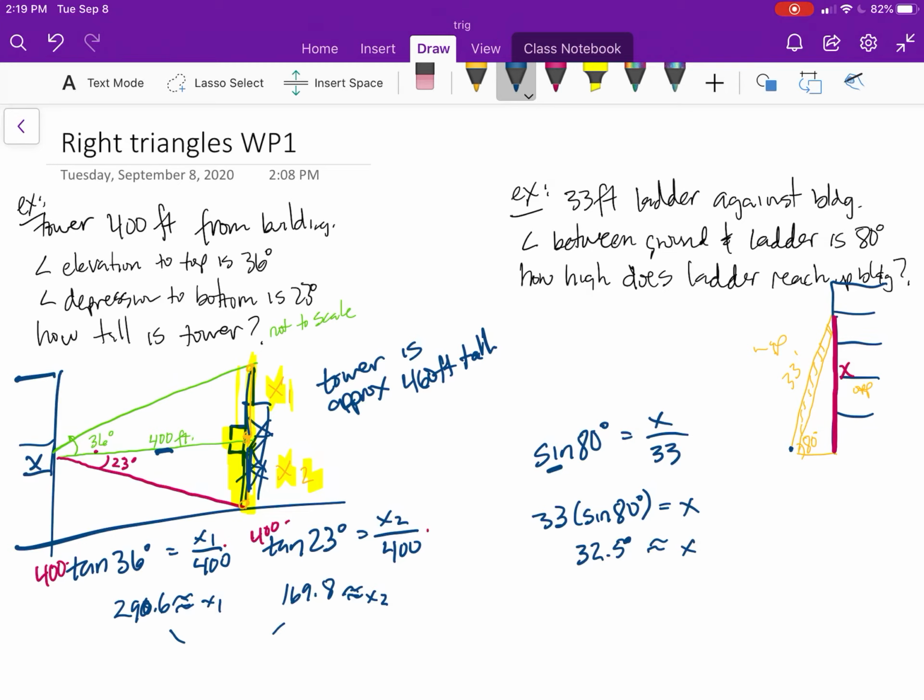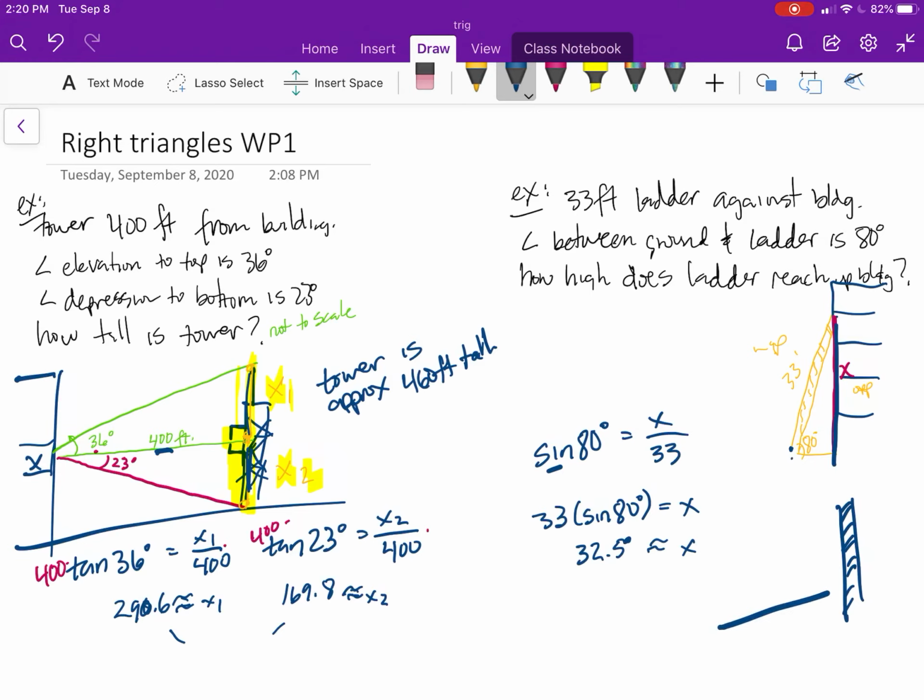If this was a 33-foot ladder and I claim that it goes up 33 feet, then that would mean the ladder is simply straight up, vertically on the building. It's resting against the side of the building. So I know it can't be 33. It's got to be under that. 80 degrees is a very, very steep angle, though. So the fact that it went almost 33 feet does make sense.